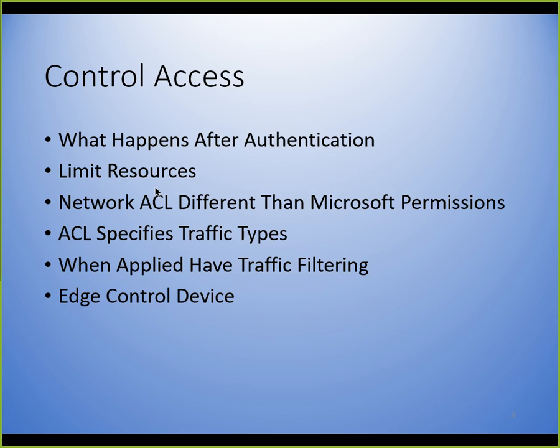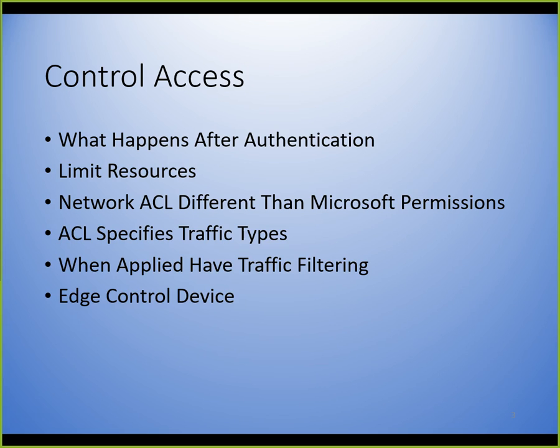So the control access, limit resources, the network access control list is different than the permissions, because what we're doing after we get the user authenticated is controlling access to different parts of the network.